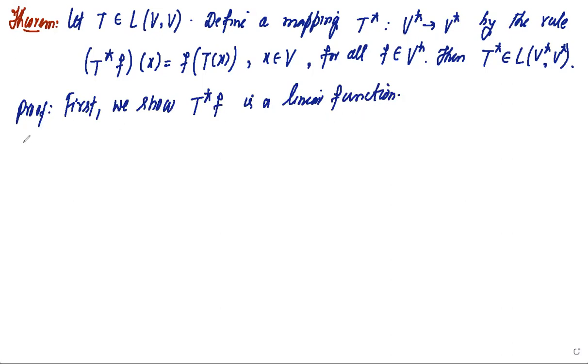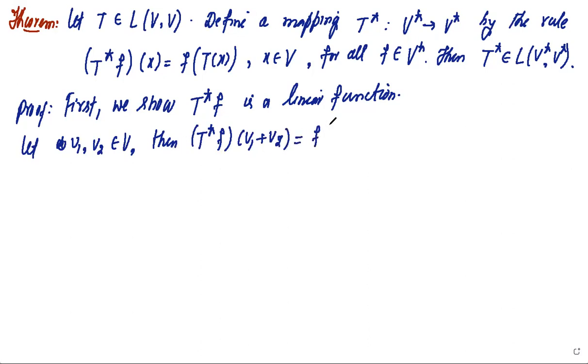For this, let us first choose v1, v2 belonging to V. Then T star f of v1 plus v2, by definition, is equal to f of T of v1 plus v2. And this comes from the definition of T star f of x, which is defined to be equal to f of T of x. So therefore, T star f of v1 plus v2 is equal to f of T of v1 plus v2.